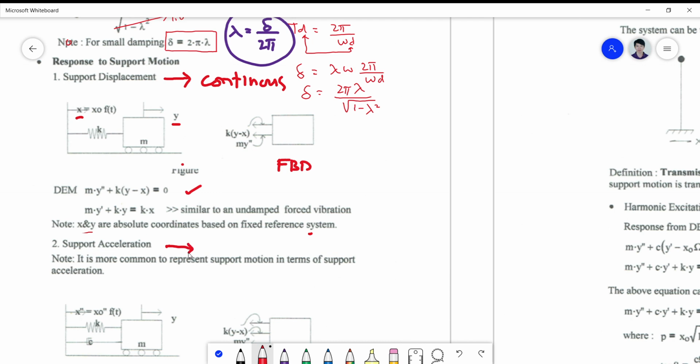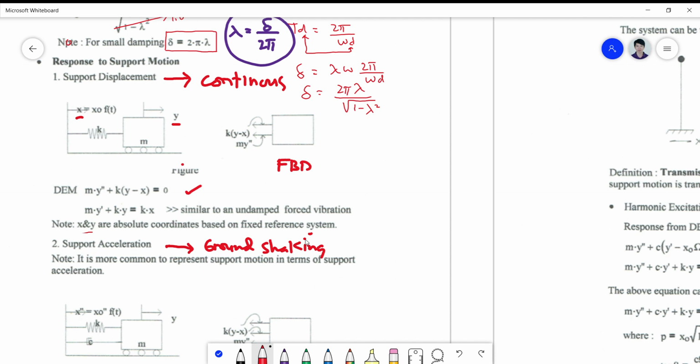So when we talk of ground motion or ground shaking, which is actually the basis of earthquake motion, we are commonly using the support acceleration in terms of the support motion.